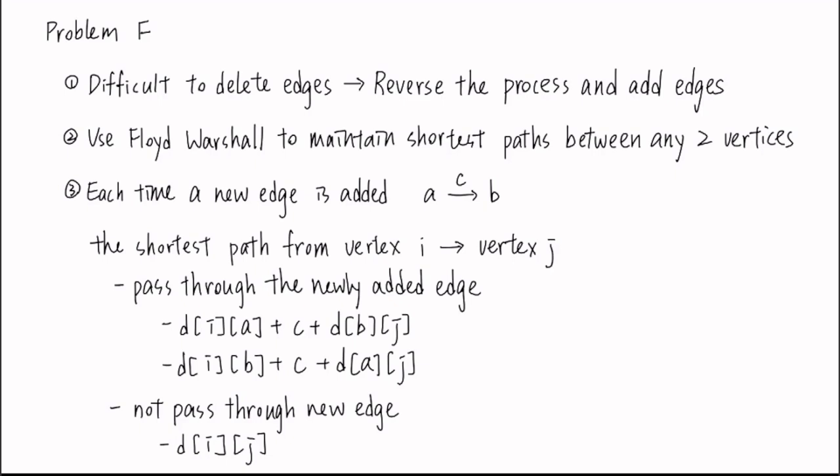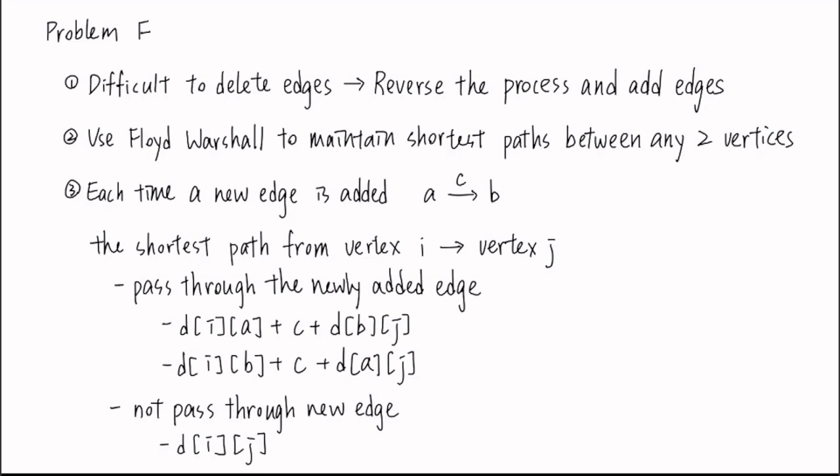So each time a new edge is added, because we reversed the process and now only need to add edges, if the edge is from A to B with length c, then we can update the shortest paths from any other vertices. For example, for the shortest path from vertex i to vertex j, it has 2 options, which is to pass through the new edge or to not pass through the new edge.